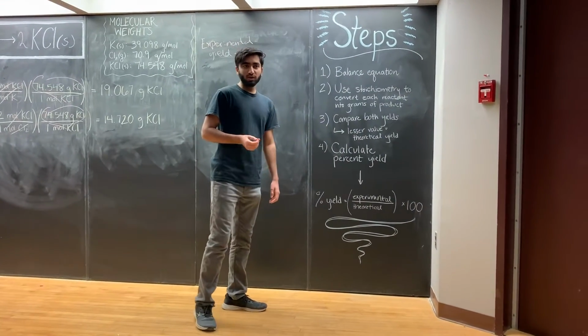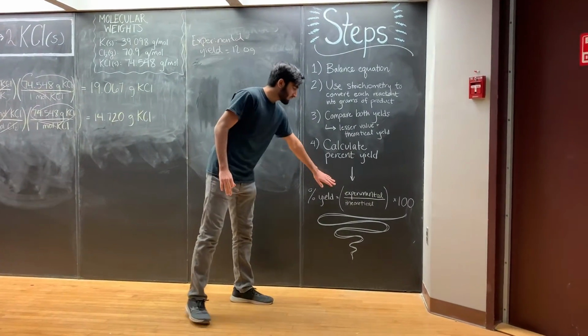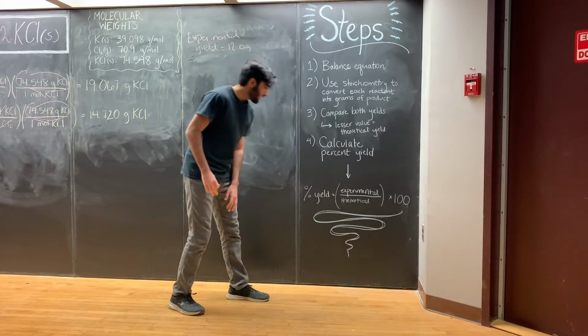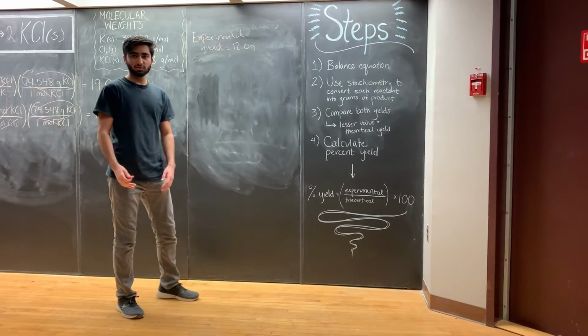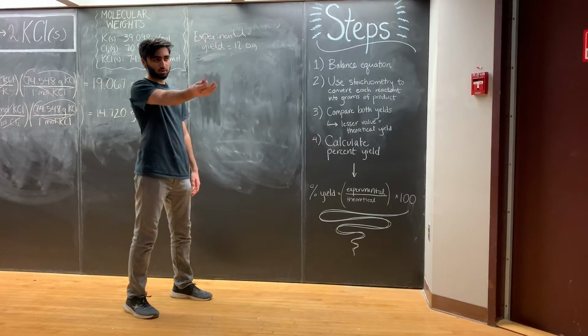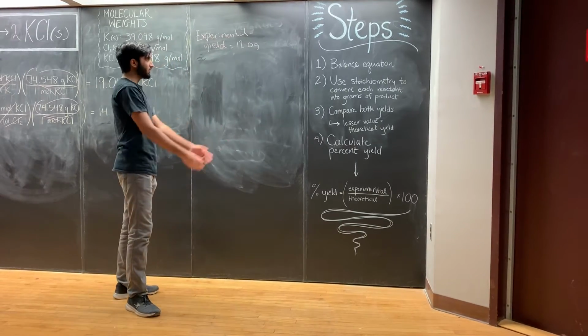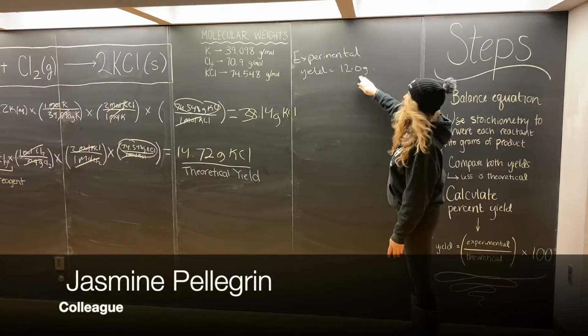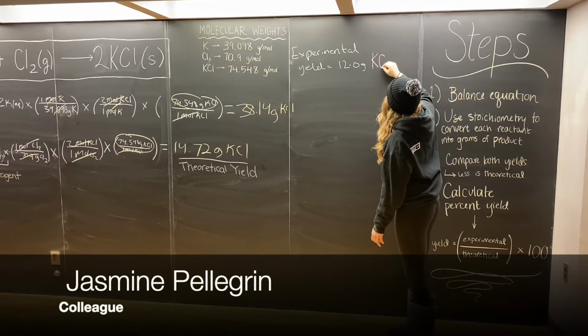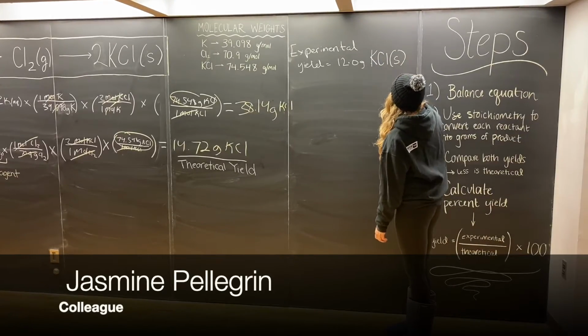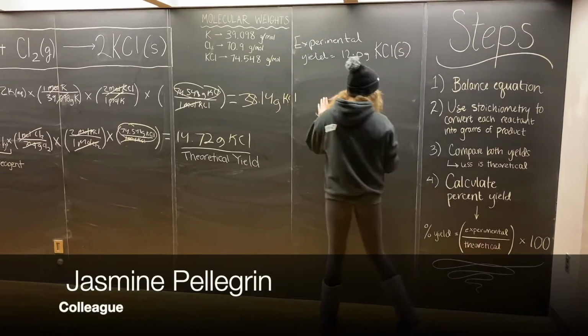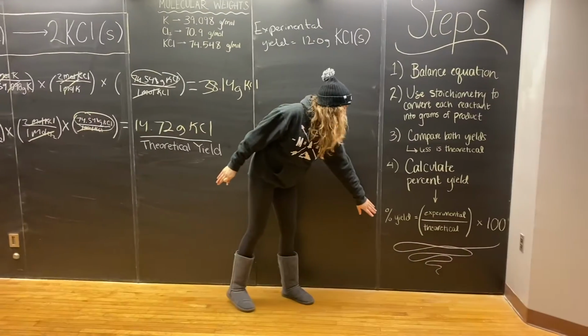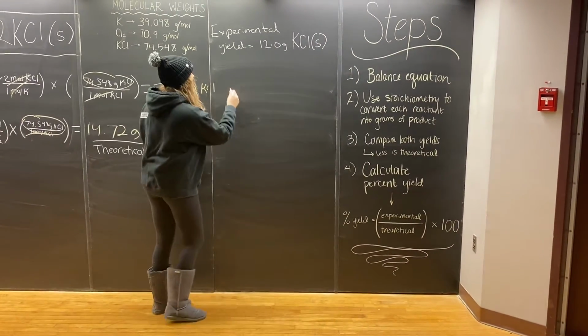Okay, so now we have everything in the equation that we needed: the experimental value and the theoretical yield, and so now we're just going to solve the equation. I'm going to call my colleague Jasmine to solve this one. And it's 12.0 grams of KCl solid. We are going to figure it out using this equation down here. Percent yield equals the experimental over theoretical.